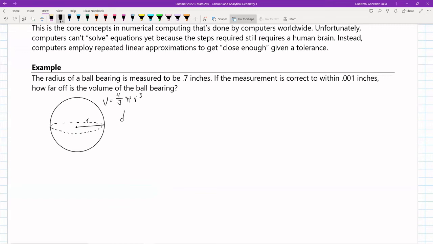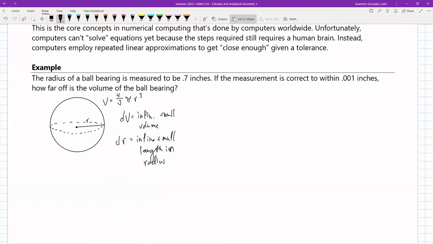I want to define a dV. This is going to be an infinitesimally small amount in volume, right? And then we need to define dr. This is an infinitesimally small change in radius.